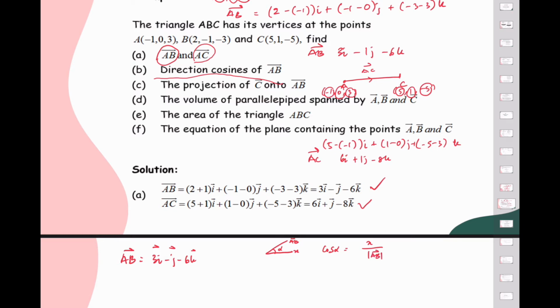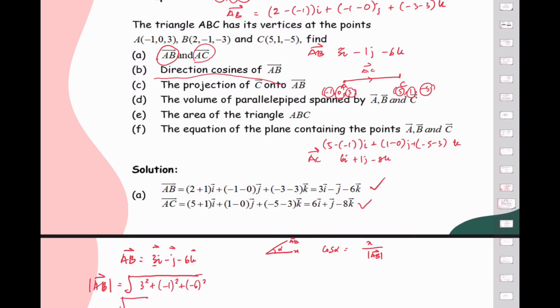Okay, so the first thing you need to find is the magnitude of AB. So magnitude of AB is actually the square root of x squared plus y squared plus z squared. So your x here is 3, so 3 squared, plus your y here is negative 1 squared, plus your z here is negative 6 squared.